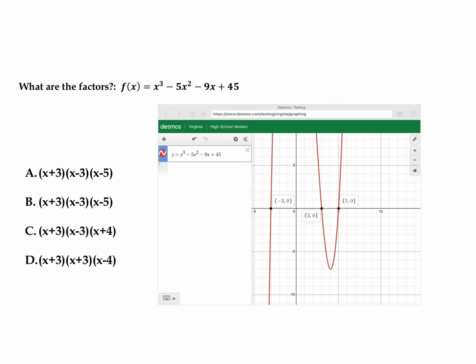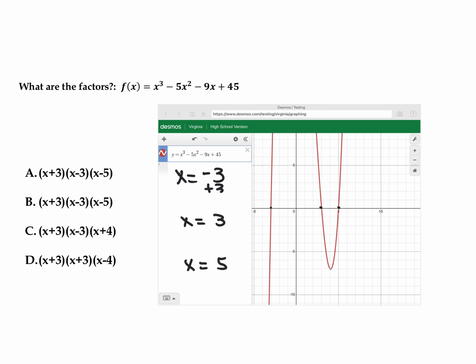And I find that my x-intercepts are at x is equal to, the first one is at negative 3. I have x is equal to 3. And I have x is equal to 5. Okay, to find the factors, I have to make each one of these equal 0.